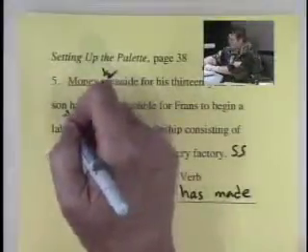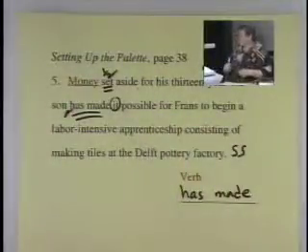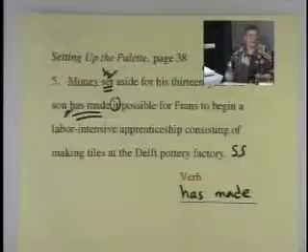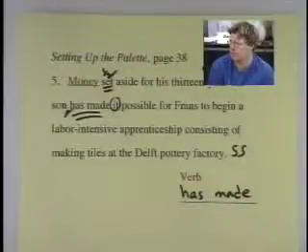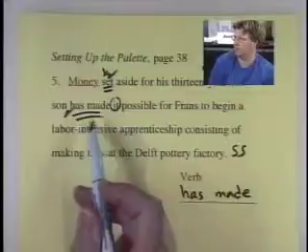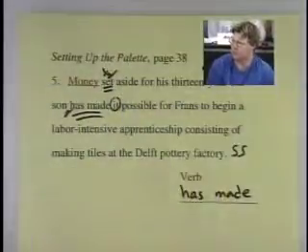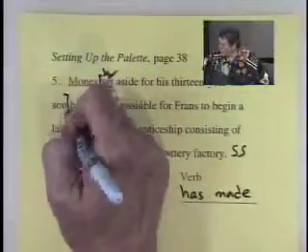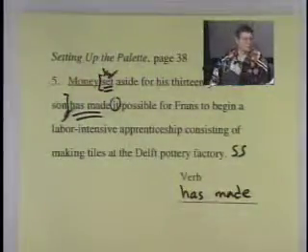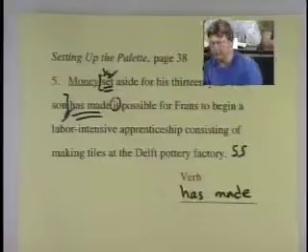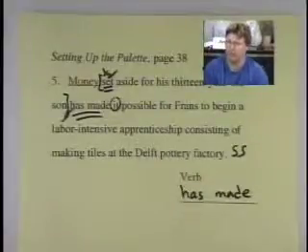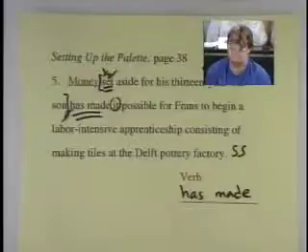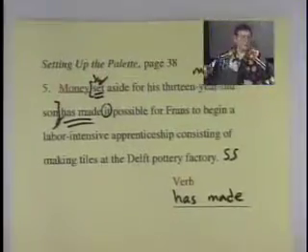But what if instead I said, money has made it possible for Franz to begin a labor-intensive apprenticeship? That would be okay. So then my whole verb in this sentence is has made, and set turns out to be a half verb, because I can throw this part of it completely out. The sentence will not stand on set aside. But I could give you another example where I said I set this pen down, and set would function as the complete verb. Watch out, English is very tricky.